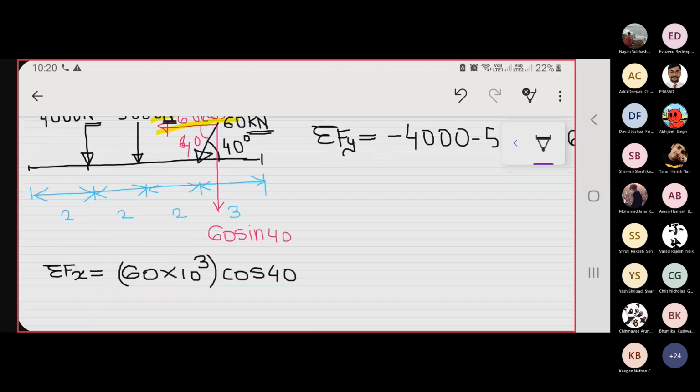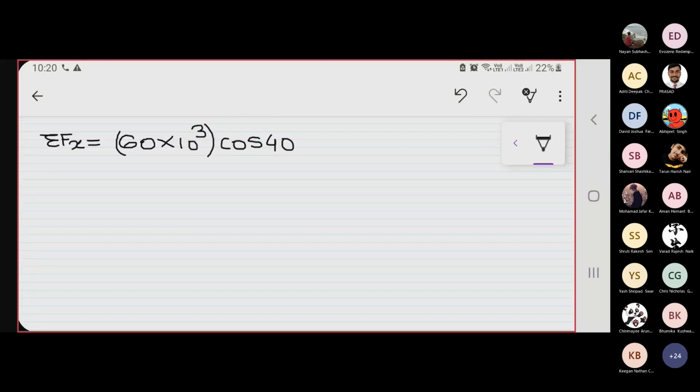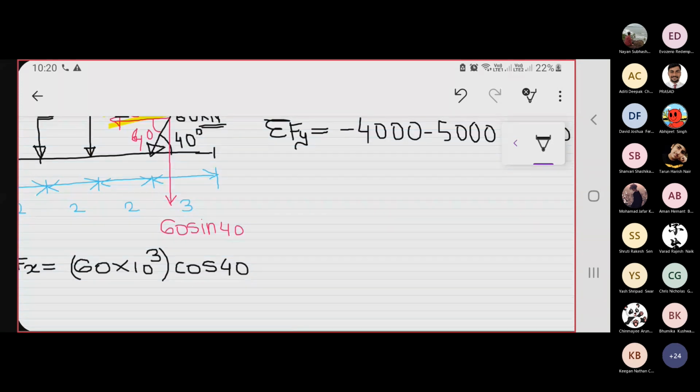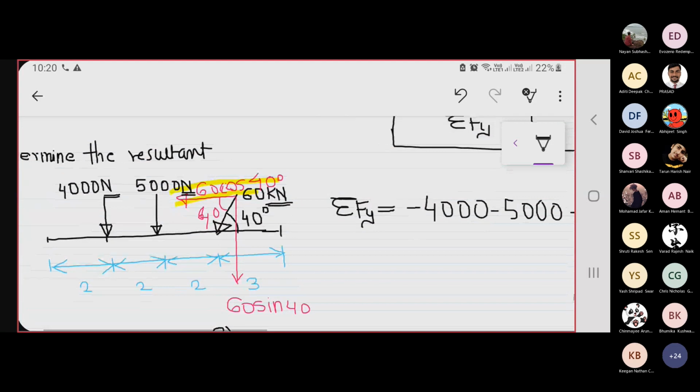Once you get summation fx and summation fy, next phase is very simple. Directly you can get a resultant. So find out first value and give me value. Fast, do it fast. This is the problem.